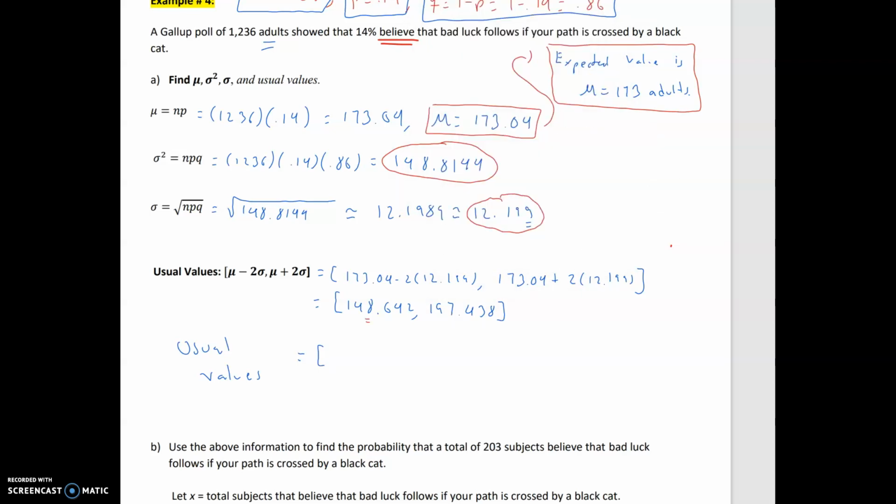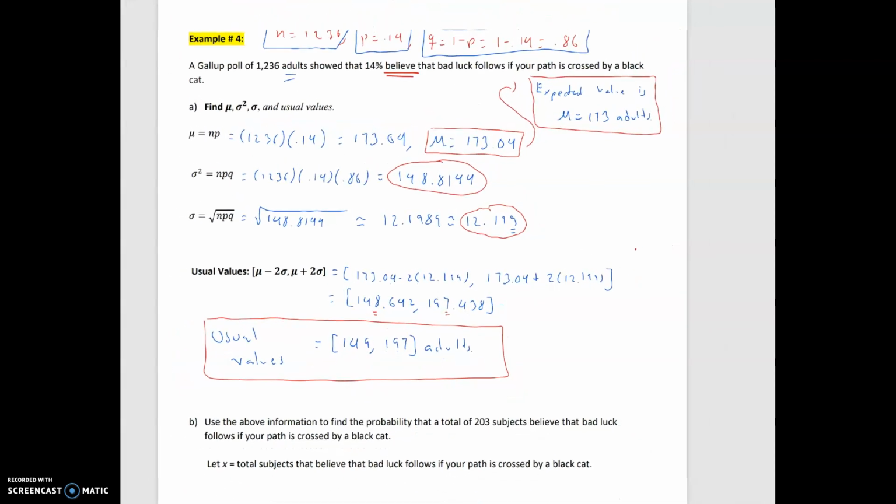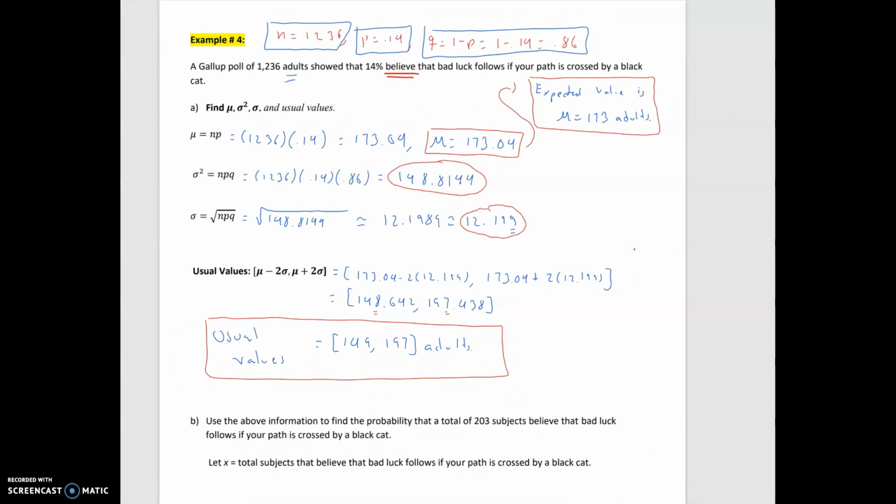So in this case, 149 and 197. So we're talking about 149 to 197. And once again, we're talking about adults. That's actually it for the first part where we're doing basic evaluations.